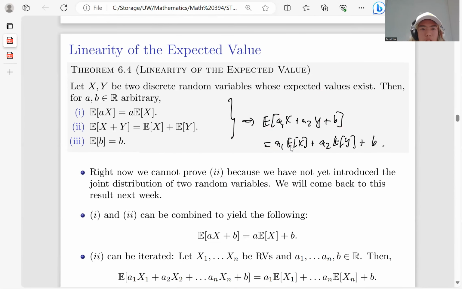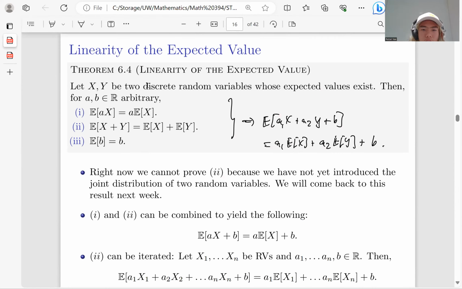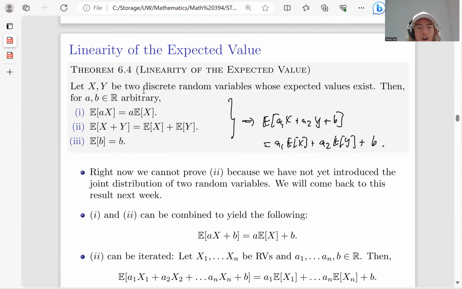Okay, and the last property of the expected value is the linearity. So if x and y are discrete random variables whose expected values exist, and now we know their expected values, we can use the linearity to calculate: the expected value of aX is equal to, we can move the a out and calculate the expected value of X. And if they are added together, we add their expected values separately.